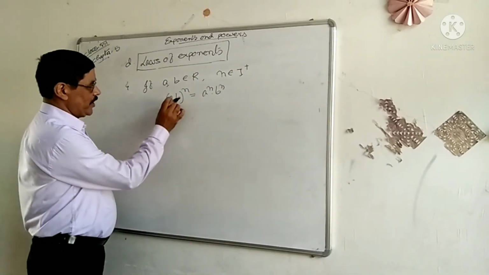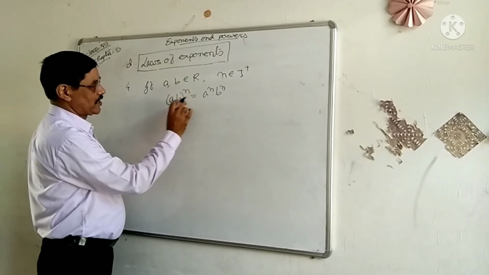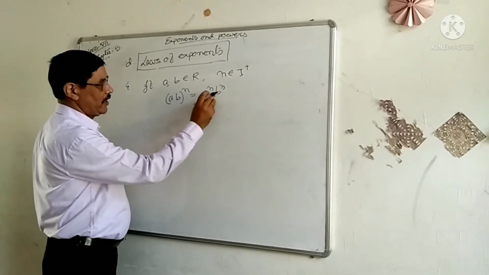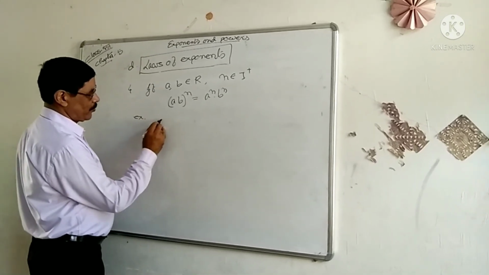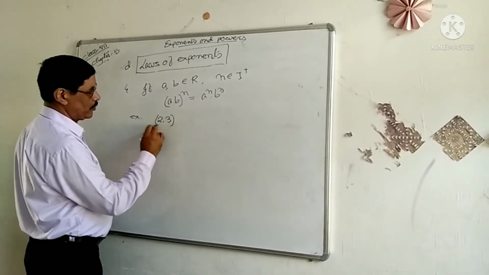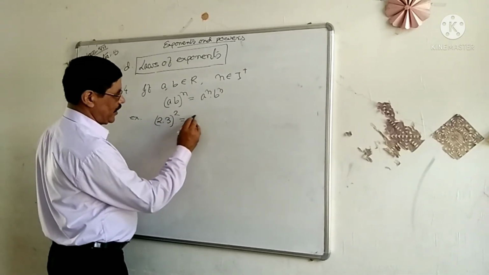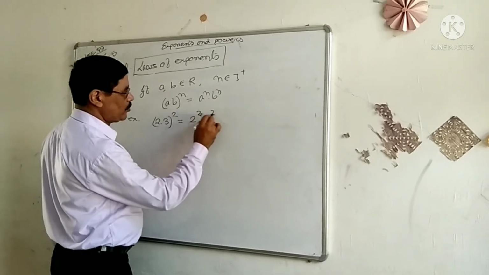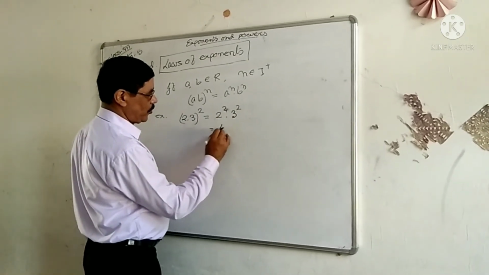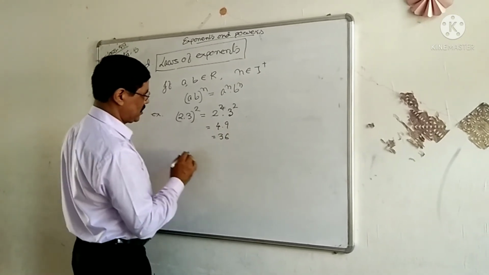That is, if the bases are different and the power is the same, then this can be written as a to the power n into b to the power n. Let us take an example. Suppose 2 into 3 whole to the power 2. This can be written as 2 to the power 2 into 3 to the power 2. That is 4 into 9, which is equal to 36.